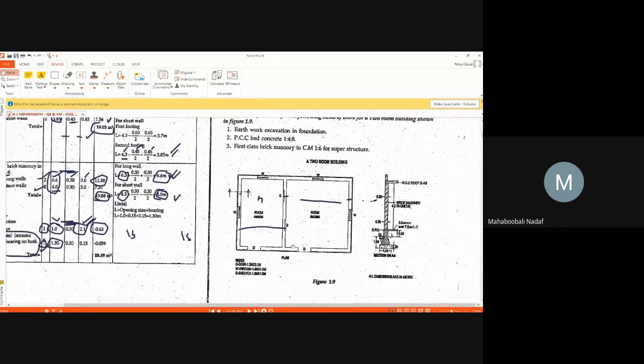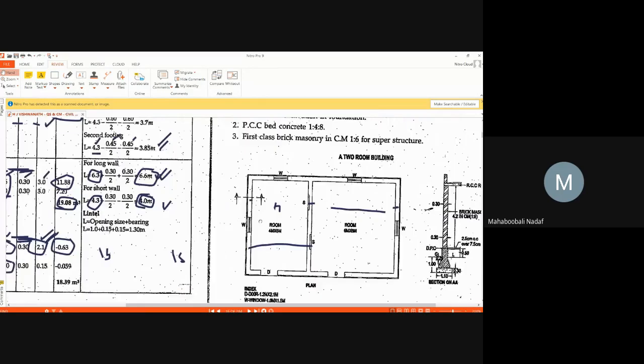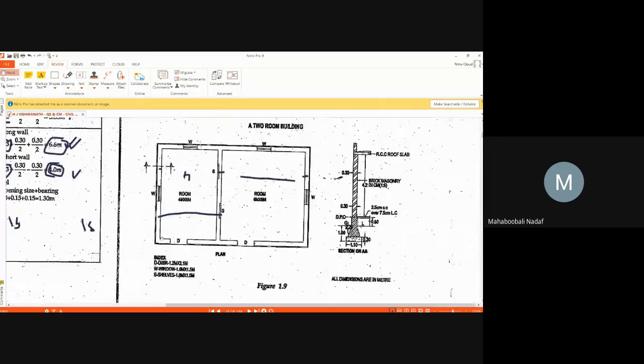How much is the total center to center line? See here, this is 6.3. How many 6.3s are there? Three. So 3 into 6.3 in one bracket, plus in another bracket 2 into 10.6.